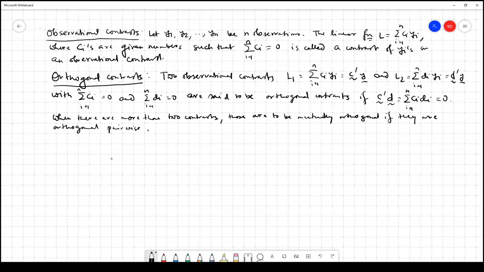For n values, there exist n minus 1 orthogonal contrasts.